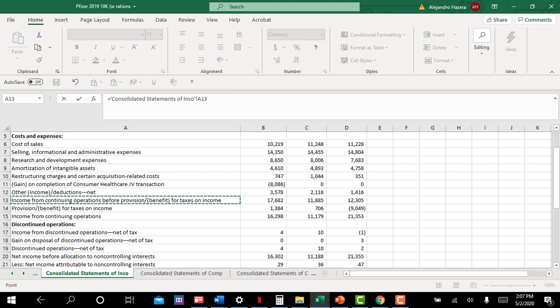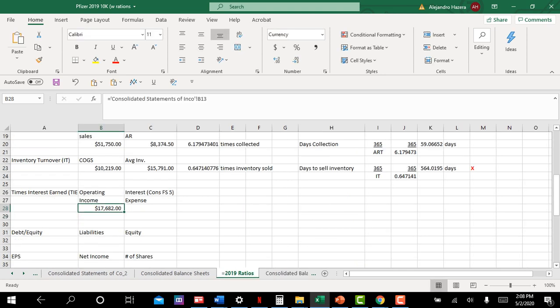This is your income from operating your business before provision for taxes, so this is going to be our numerator. We could make a small adjustment for this, and I may start doing it next time, but for now I'm just teaching the concept. So there's your operating income.